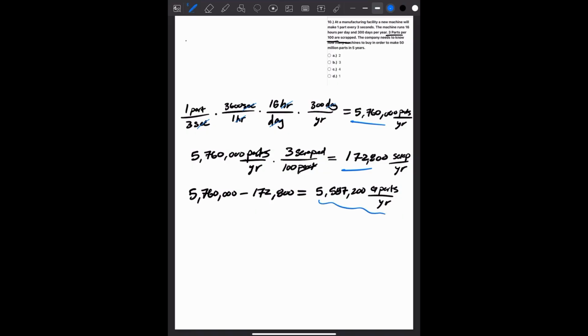So now we have this. We need to know how many parts that would make in 5 years. So 5,587,200 good parts per year, times 5 years. The years cancel here.